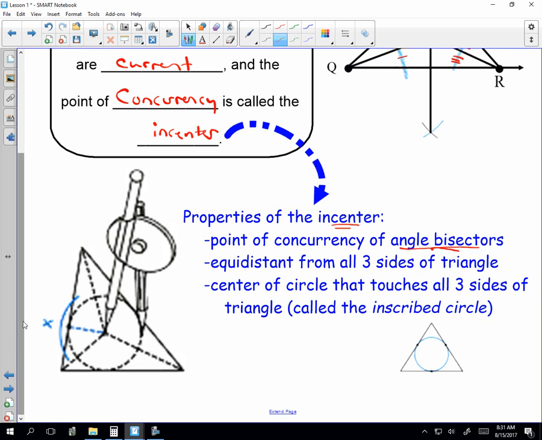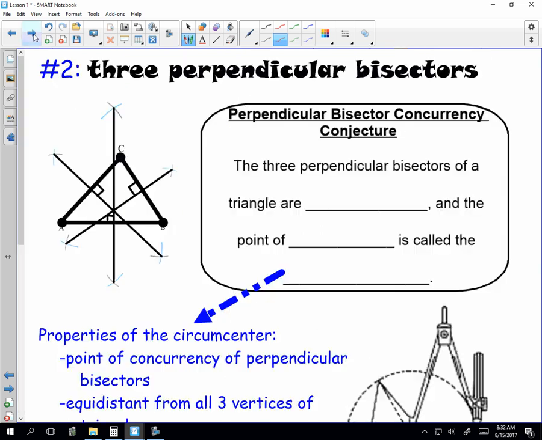The point that they have in common is the center of what we call an inscribed circle. The radius to all of those sides is the same distance. So this is an inscribed circle. The radius is touching all three sides. So this circle is equidistant from all three sides of the triangle.